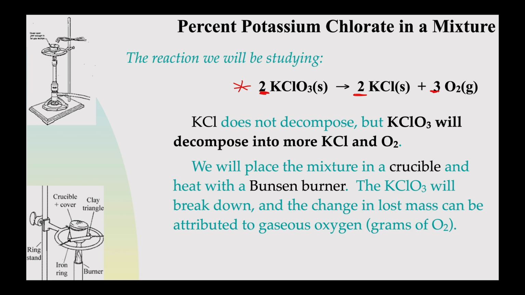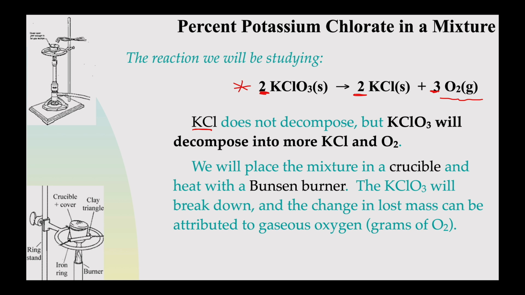Potassium chloride itself just sits there. It's a very stable and inert compound, not very exciting, all right? But the KClO3 will break down. It's going to break down into more KCl, and oxygen gas is going to come off too. It actually is going to bubble a little bit.